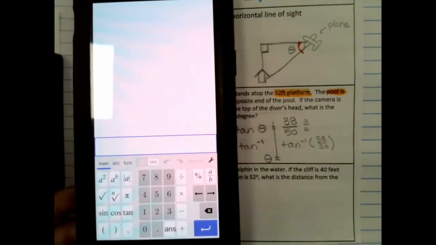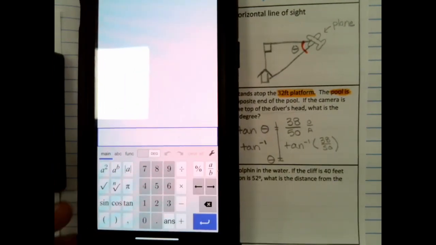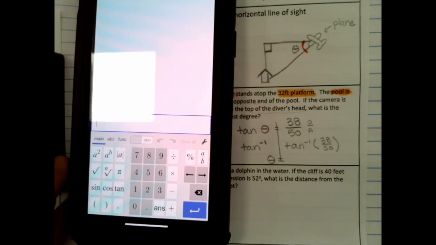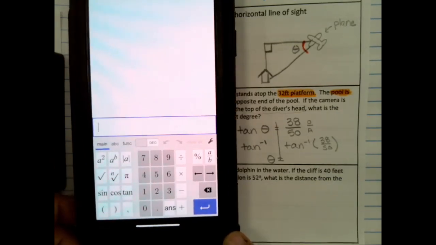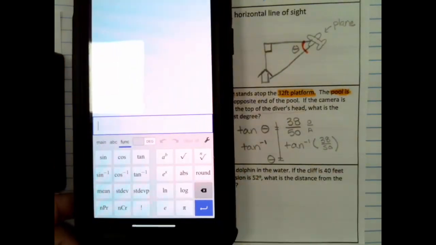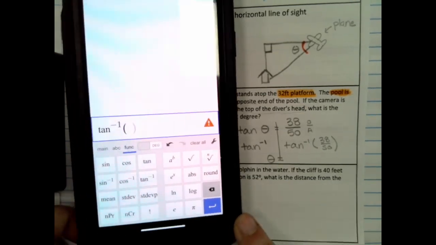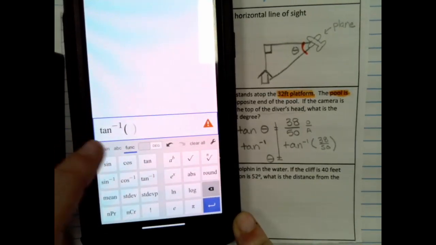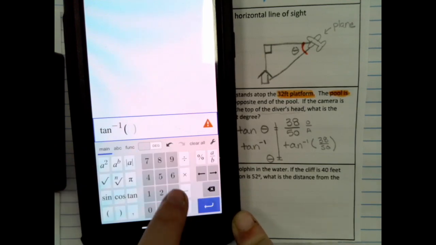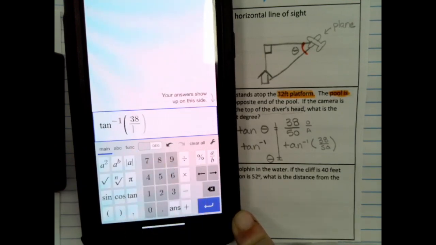Does anyone remember how to get to that inverse function from a Desmos screen? Good, go to function, tangent inverse, and then 38 over 50.